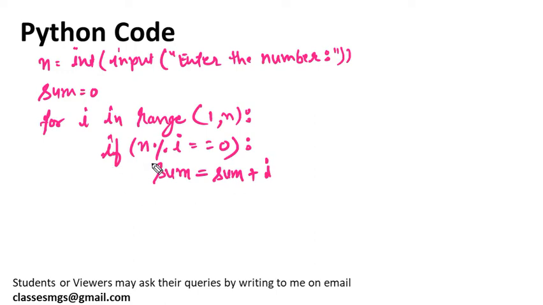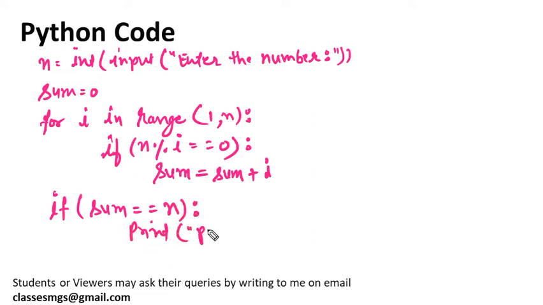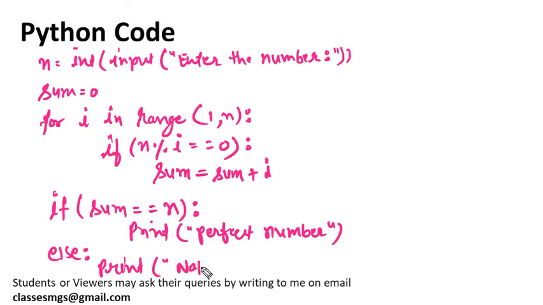We will add only if it is divisible, otherwise skip it. At the end of this for loop, we will check if the sum value is equal to the number n, then print perfect number, otherwise else print not a perfect number.